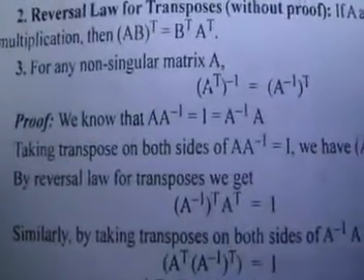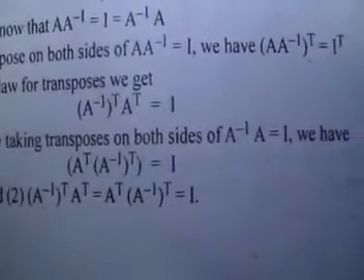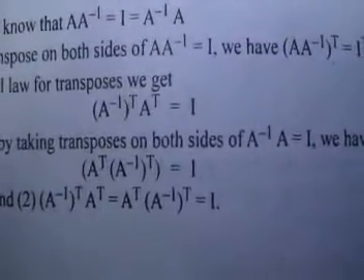Okay, by the reversal law for transposes, we get A inverse transpose into A transpose, that is equal to the identity matrix, since the transpose of identity is identity. Similarly, by taking transposes on both sides of A inverse A equal to identity, we have A transpose into A inverse transpose equal to I.